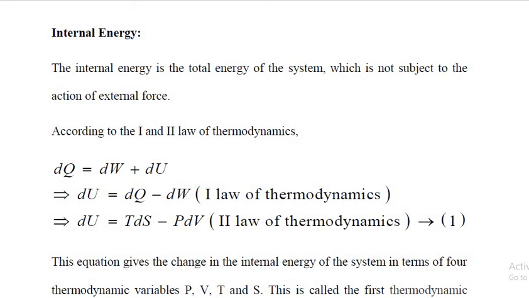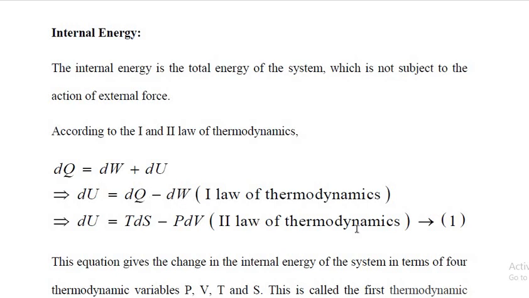Now, according to the first and second law of thermodynamics, the first law is dq is equal to dw plus du. Rearranging, we get du is equal to dq minus dw. Because our heading is internal energy, we write in terms of internal energy U. The symbol for internal energy is U, Q is heat, W is work done.